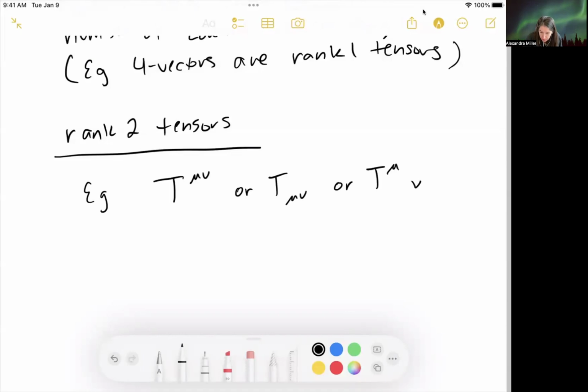And it's important to note that this is different than T mu nu. Not only are we really being careful about whether indices are up or down, notice here, the mu is to the left of the nu. And in this case, that's also true. But which one is up and down and whether it's right or to the left is important, right?